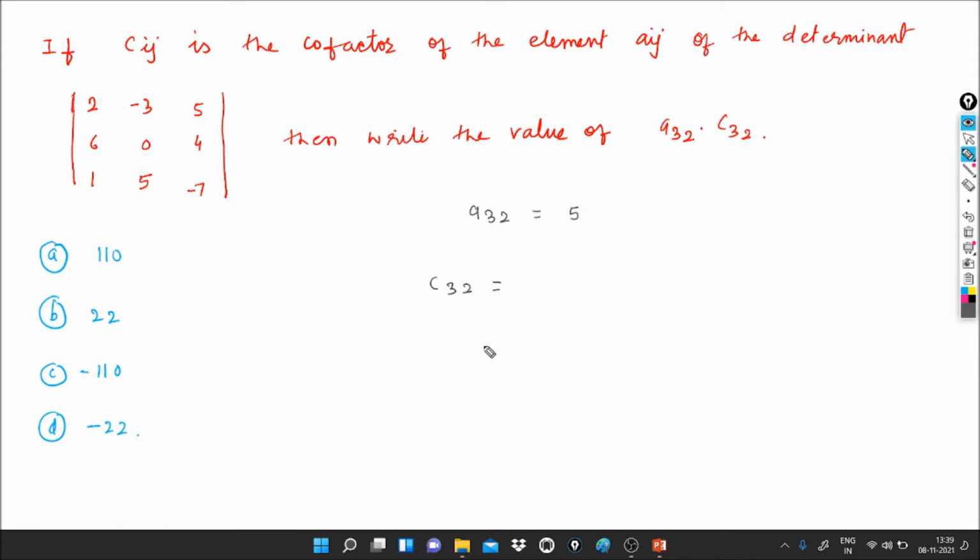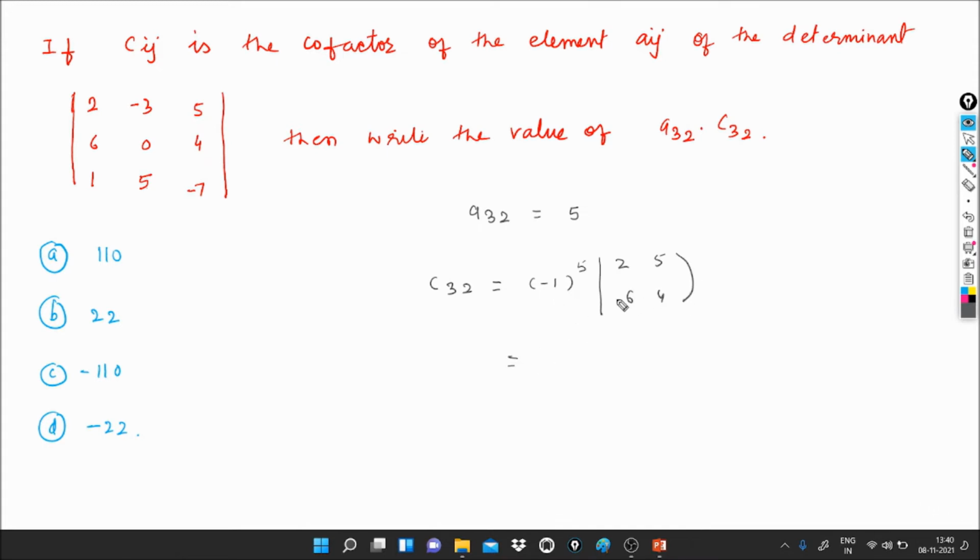C32 means cofactor of a32, which is minus 1 raised to 3 plus 2, which is 5, times the determinant obtained by deleting the third row and second column. So 2, 5, 6, 4.